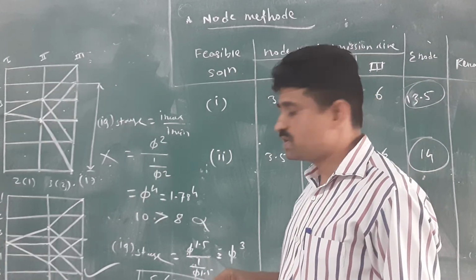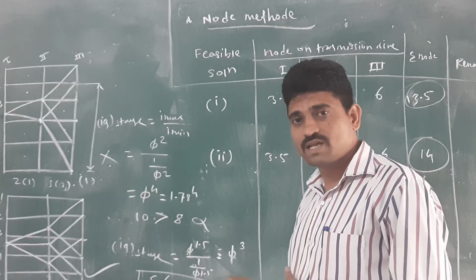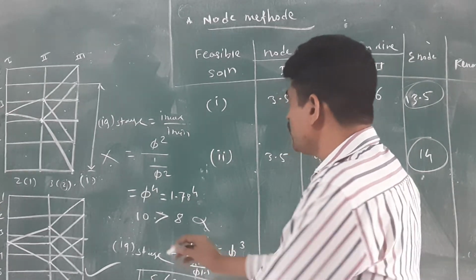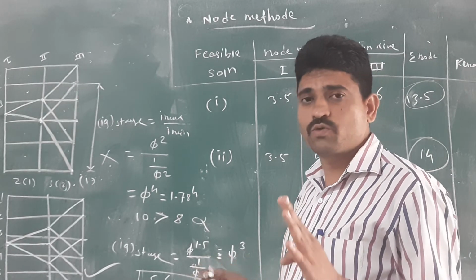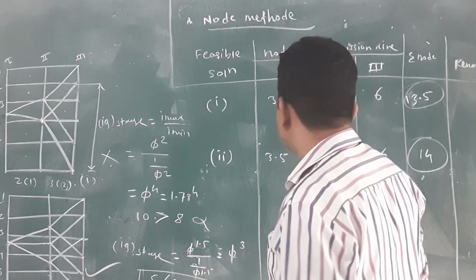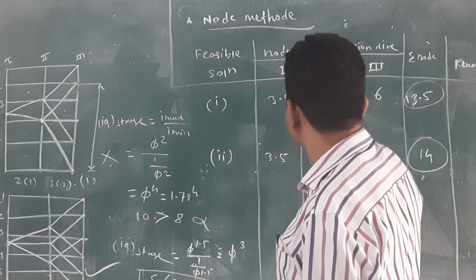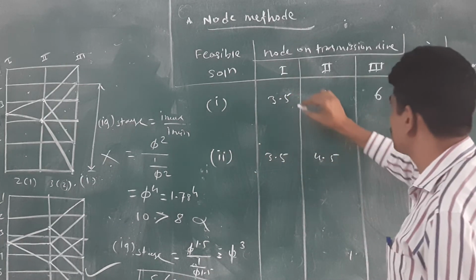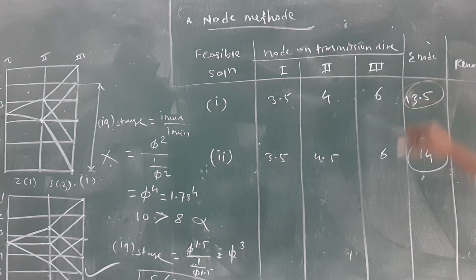If the IG stage and all these 3 conditions are satisfied, and you get the number of structural formulae as 4 feasible solutions, 1, 2, 3, 4, then also you have to use the node method. Write the node on the first shaft, second shaft, third shaft, and check which is the minimum value. This answer will be correct.